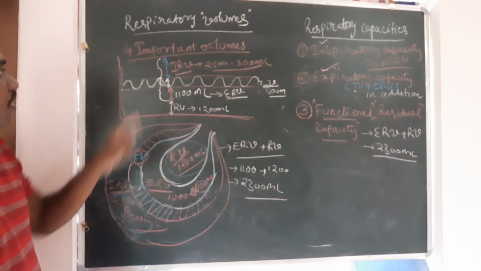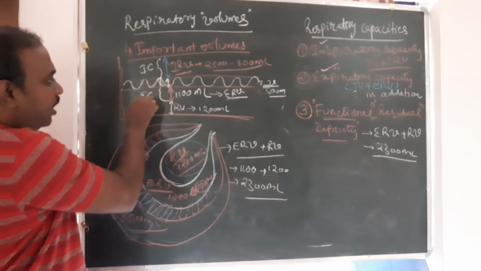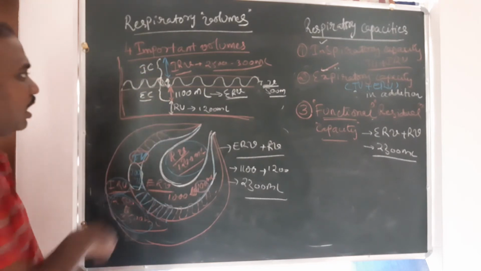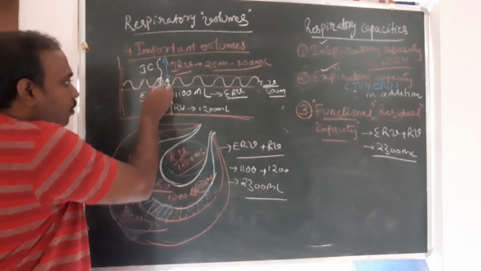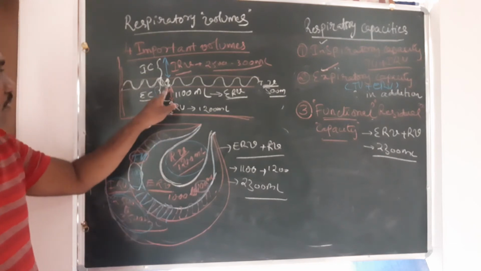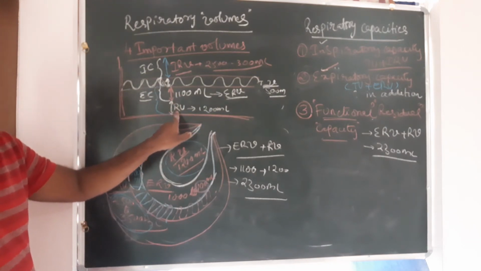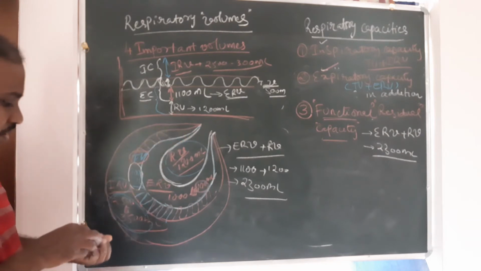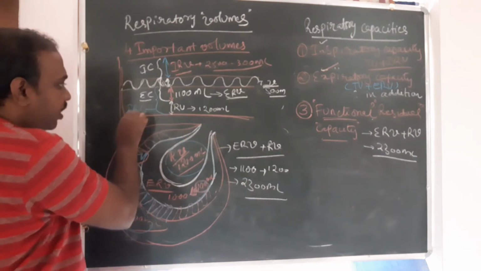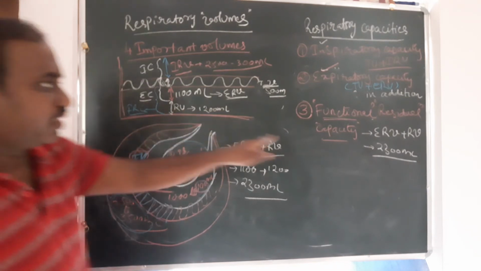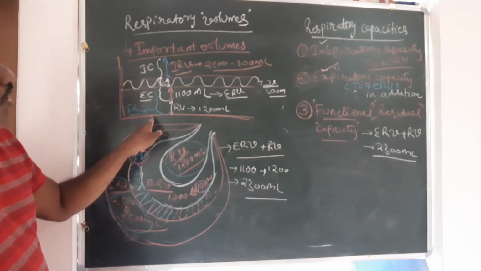So this one is the IC, this one is EC. And what are these two? Here we are not including tidal volume. We are including expiratory reserve volume plus residual volume. So this one will be the blue one, FRC, functional residual capacity, that is ERV plus RV. Okay, so hopefully we are clear.